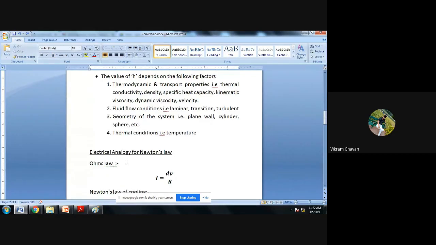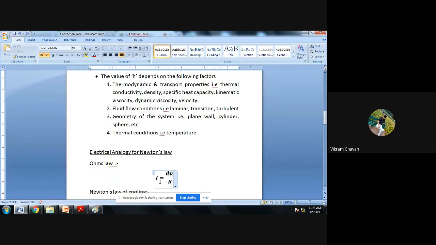In the previous electrical analogy for conduction, we discussed Ohm's law. I don't want to go into that particular Ohm's law in detail. In an electrical circuit, current is flowing, and it is flowing due to the potential difference, that is dV.